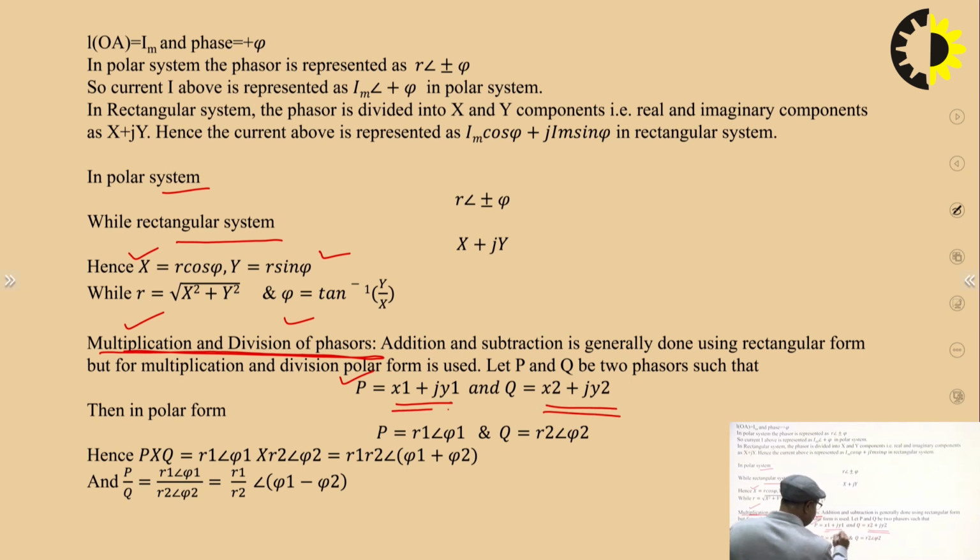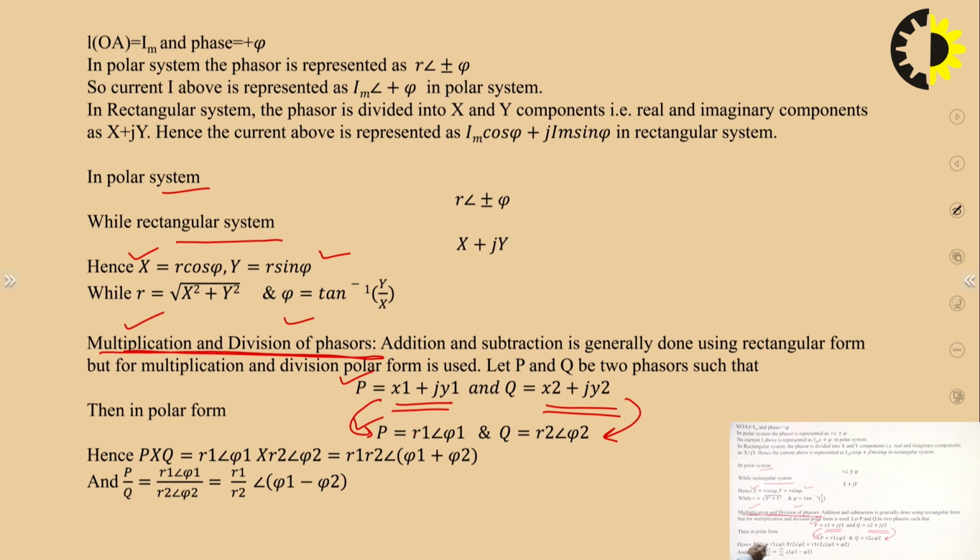They are given in rectangular form, and suppose we want to multiply them. Multiplying in this present form is very difficult, but multiplication or division becomes easy when we convert them into polar form. Suppose P is converted into polar form and its equivalent is this, and Q is converted into polar form and its equivalent is this.